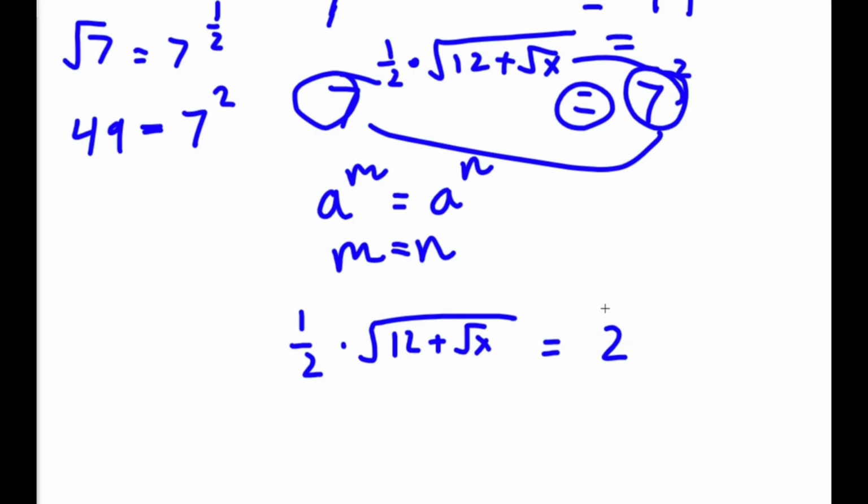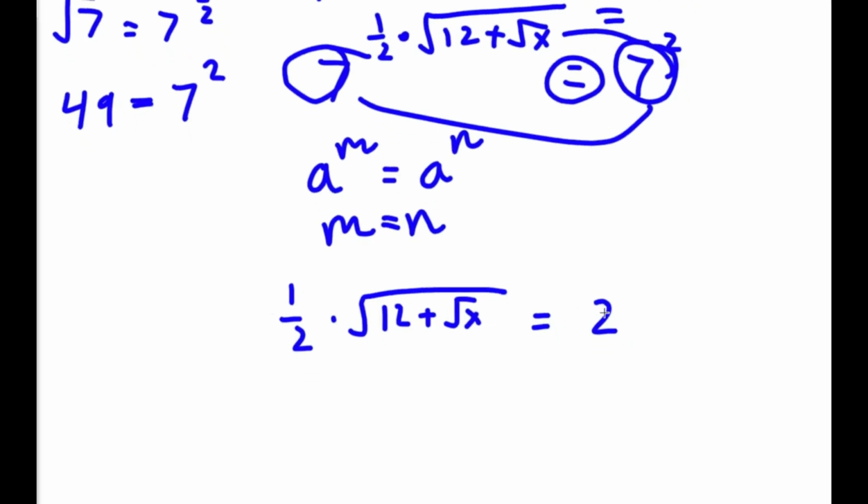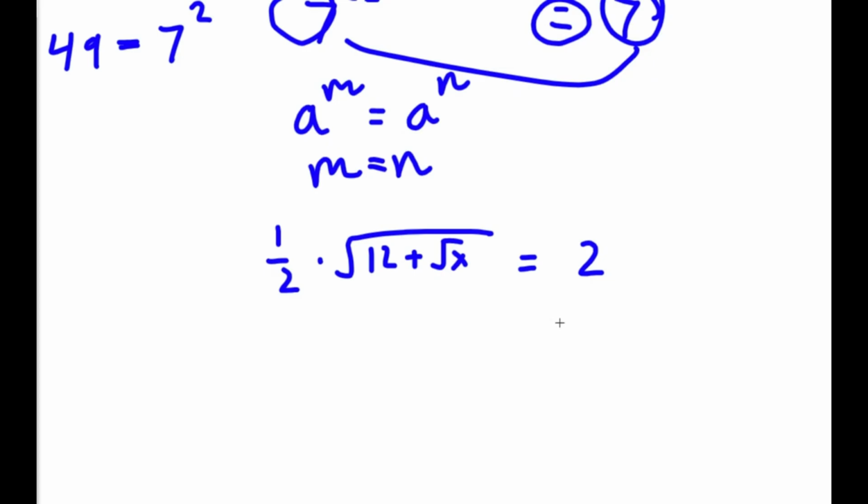And now, as you see, we have a simple equation to solve. So the first thing I'm going to do is multiply both sides by 2. So now I have 2 times 1/2 times the square root of 12 plus the square root of x is equal to 2 times 2. Now, any number times its reciprocal, which is 1 over that number, is simply 1.